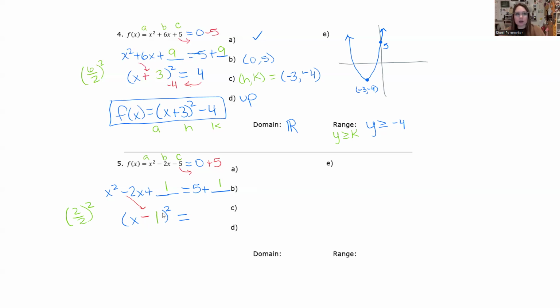So you can just think of the number squared, and that's what comes up here. Over here, 5 plus 1 is 6. So I have 6. And then to write in vertex form, I just need to bring the constant back over. I'm going to subtract 6 and write it as f of x equals.